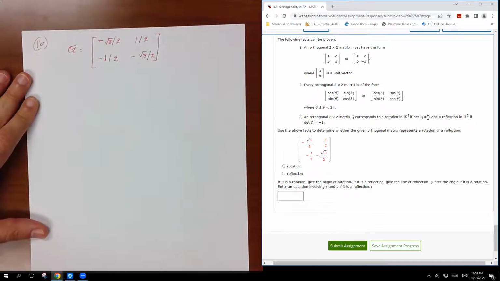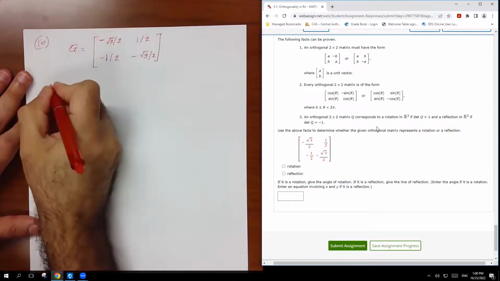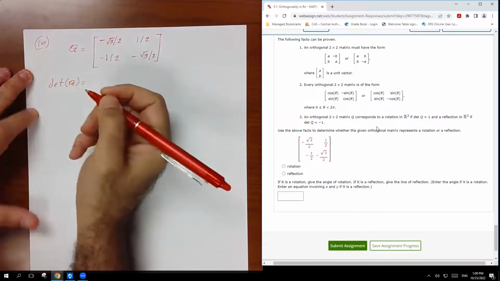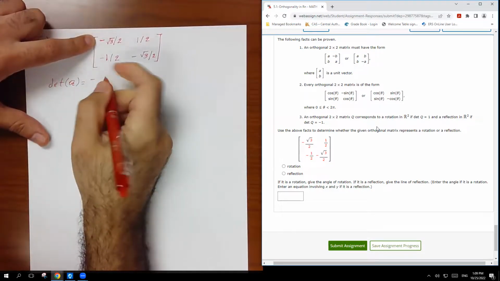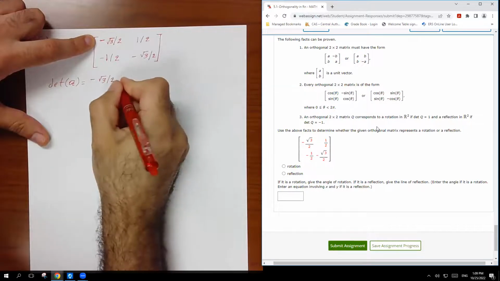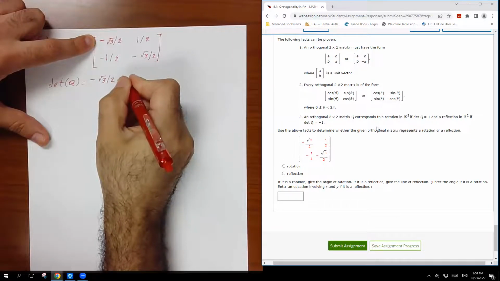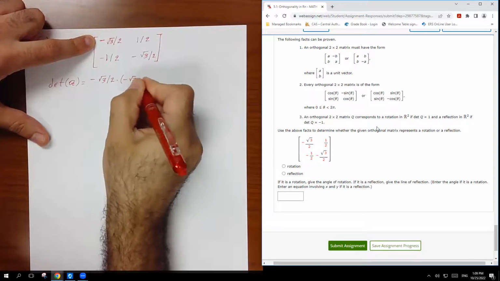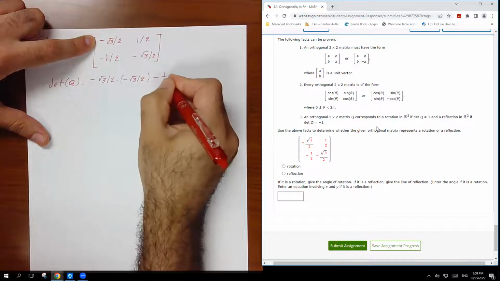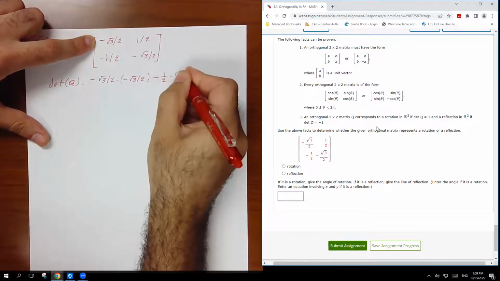If the determinant equals 1, that means this is a rotation. If it's equal to -1, it's a reflection. So the determinant for Q is going to be equal to negative square root of 3 divided by 2 times negative square root of 3 divided by 2, minus half times negative half.